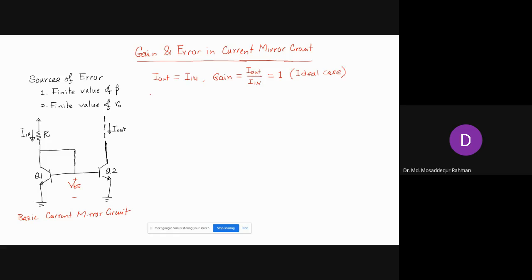And how is the error defined? Error is defined as the actual gain, sorry, actual gain minus the ideal gain, the difference.